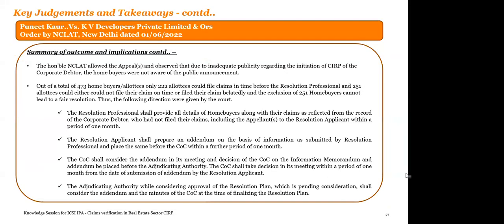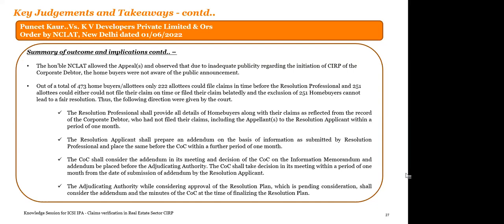The NCLAT in its order said that these are the rights of the allottees, and they are bound to get this allotment even if they have not filed the claim. The NCLAT observed that due to inadequate publicity regarding the initiation of CIRP, the home buyers were not aware of the public announcement.